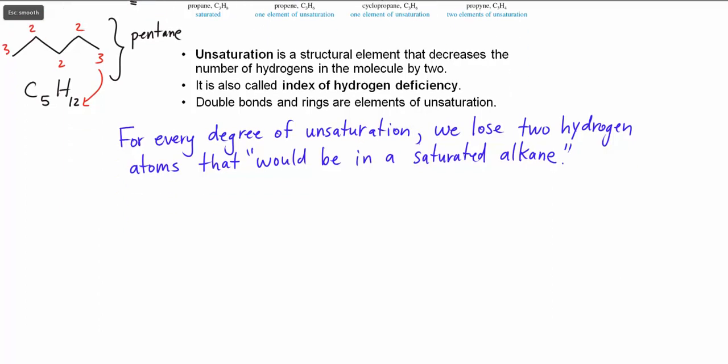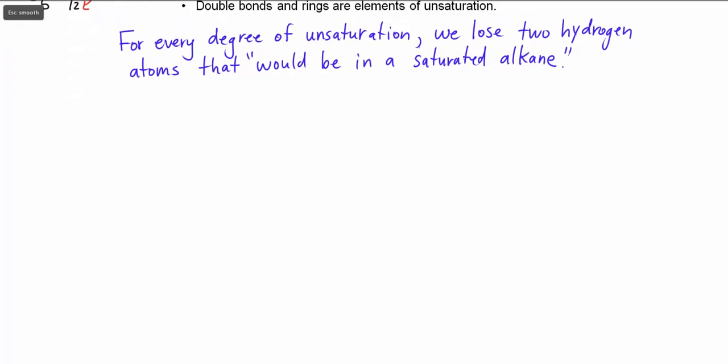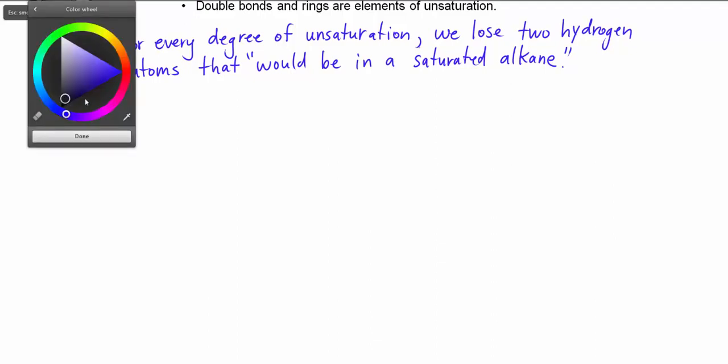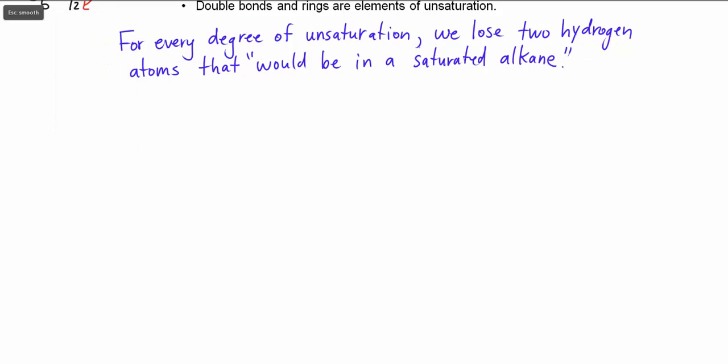So let's look at what constitutes 1 degree of unsaturation. This is for alkenes.